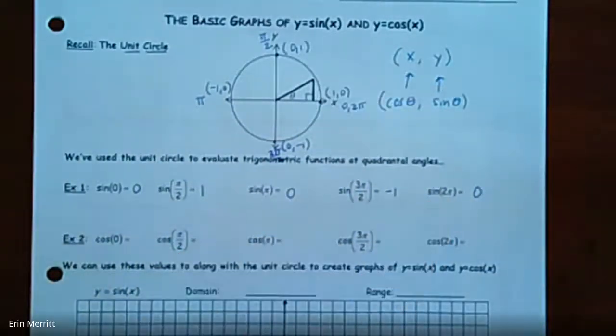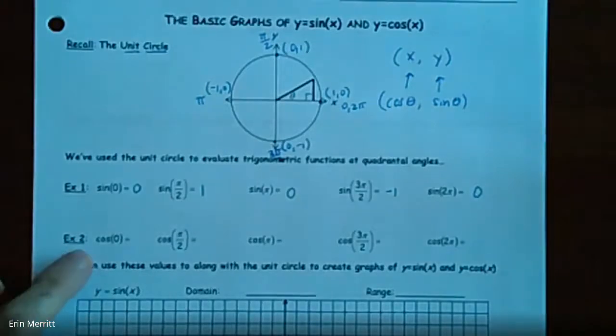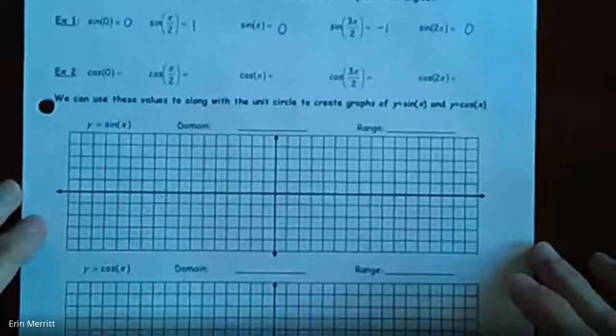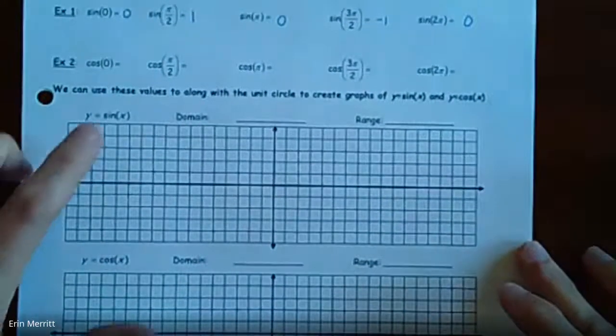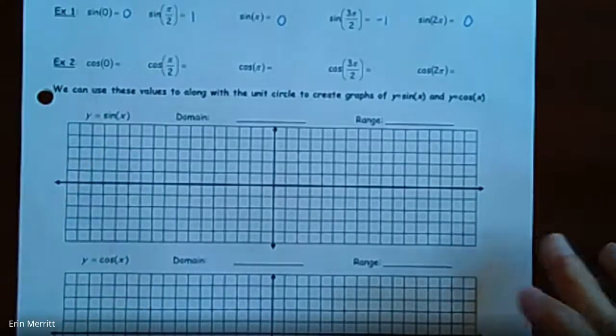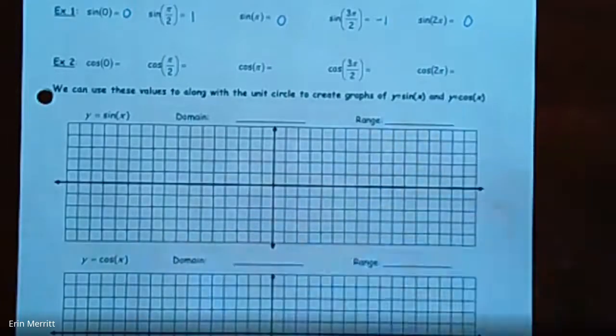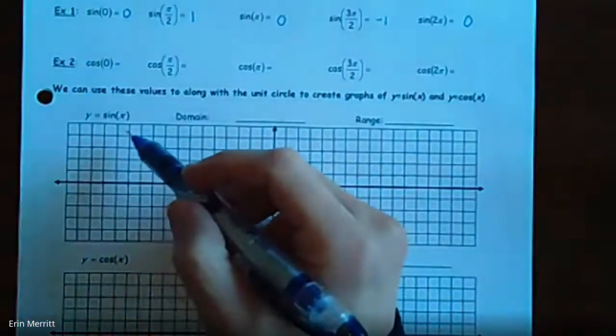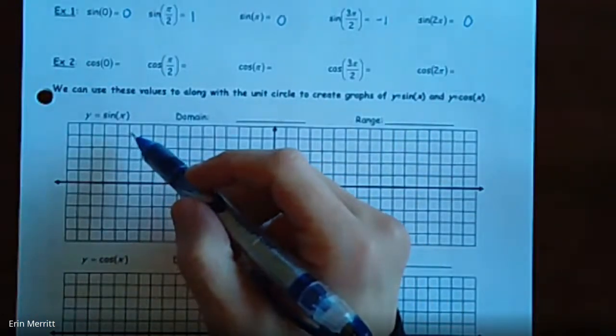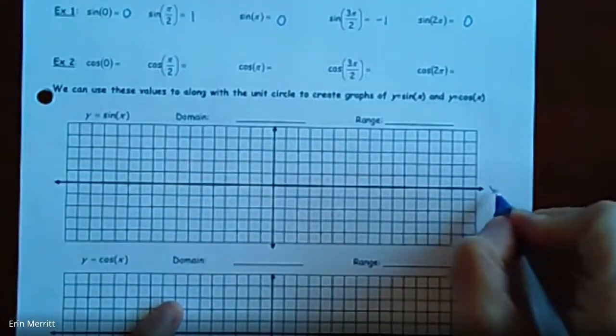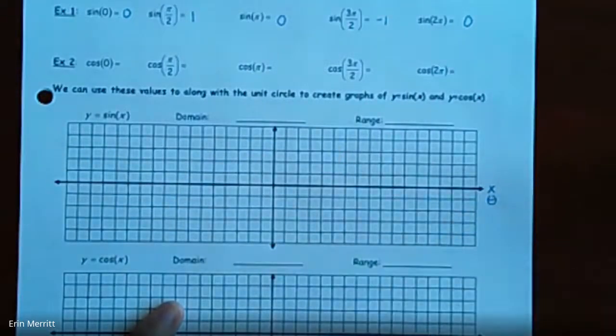All right. To graph this, you have to be able to label the axes appropriately so you can see what's going on here. We'll come back and do cosine in a moment. It's saying we're going to use the values along with the unit circle to create the graphs of y equals sine of x, y equals cosine of x. For sine, the one thing that really is helpful, x is the same as the theta, or the angle.